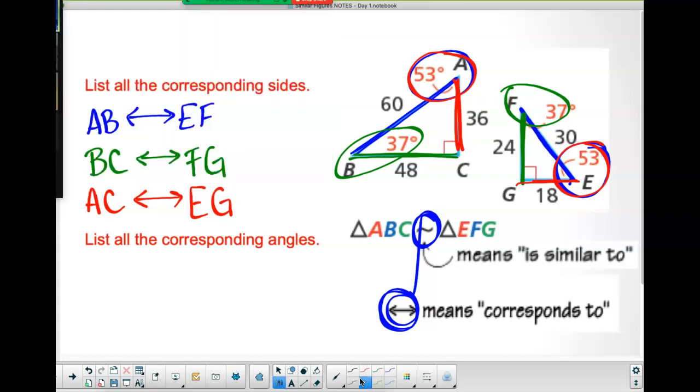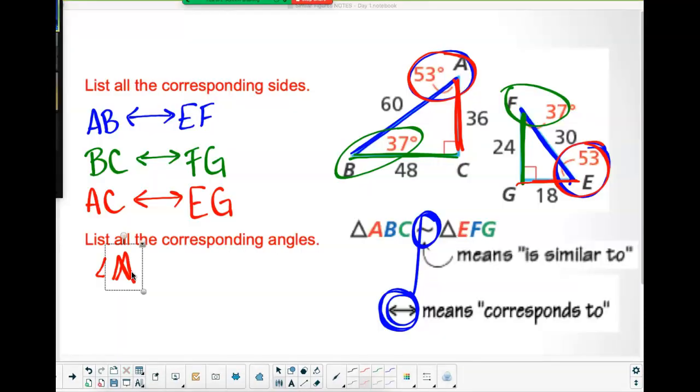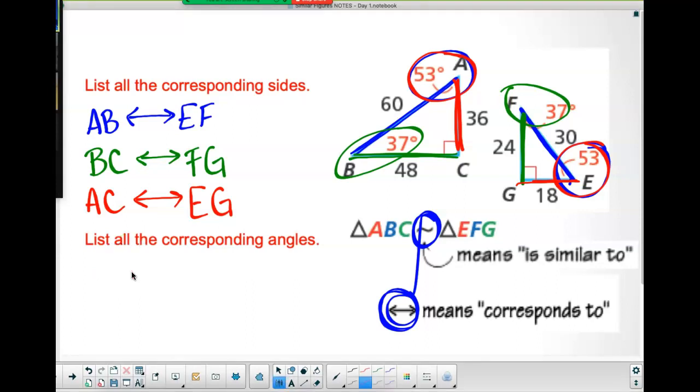Okay, then we're going to list all the corresponding angles. So we need to list the matching angles. To do this, we're going to use a symbol called an angle symbol. So angle A. Let's start with that. Try this again.